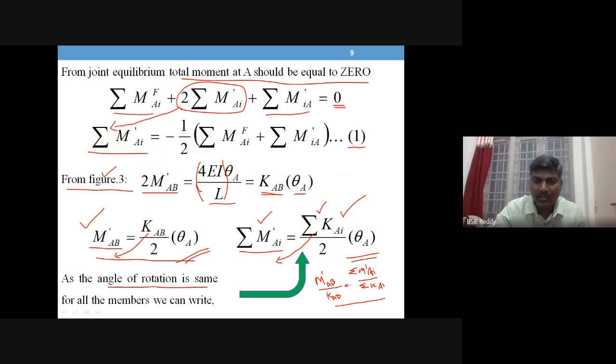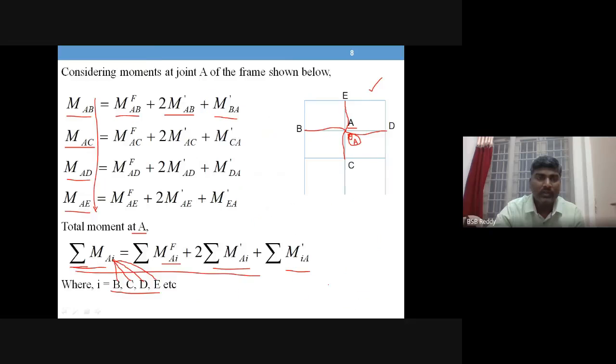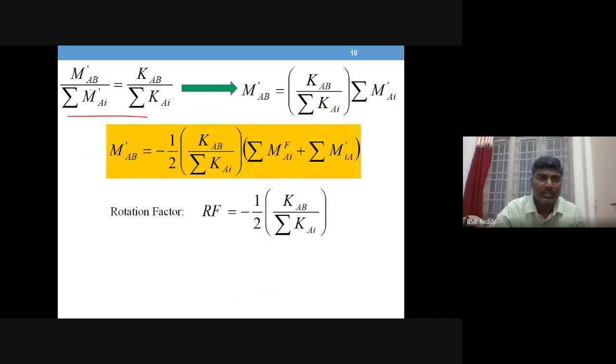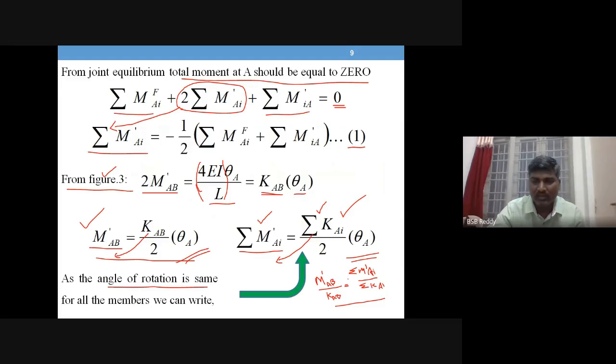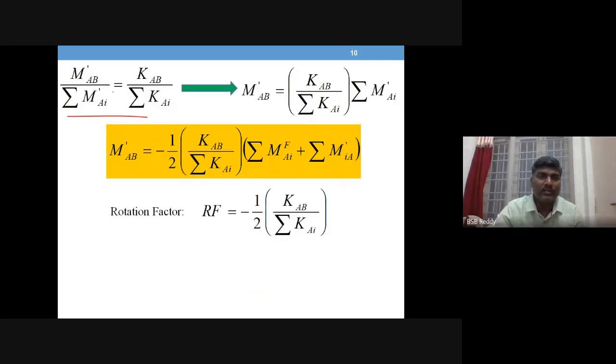Now just rearrange this one. Sigma M dash AI comes to the denominator here, and KAB goes to the numerator.